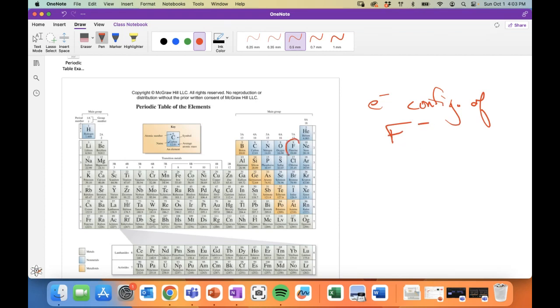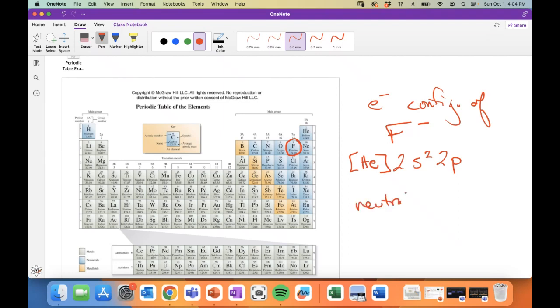So our fluorine neutral atom is right here on the periodic table. And so we're still going to need to remember, I'll go ahead and use the helium noble gas shortcut, and then 2s, 2p. And if it was just fluorine, the atom, I'd have 5 electrons in my p subshell, but this has a negative sign, so I need to add one more.